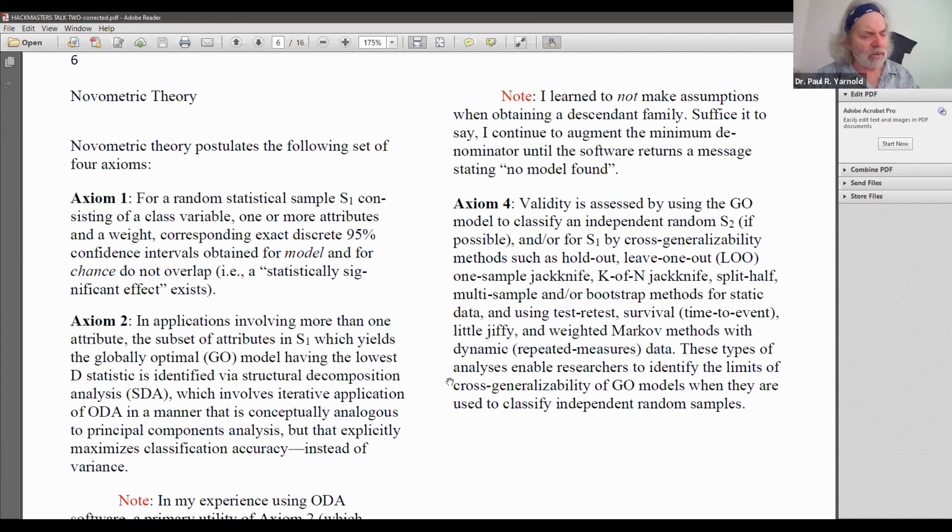Actually, I'll tell you how it works right now. You do ODAs and you use the whole sample and look at every single ODA, and you find the model that maximizes your ESS and that is stable in jackknife analysis. You say, okay, that's my first variable, and you take it out.